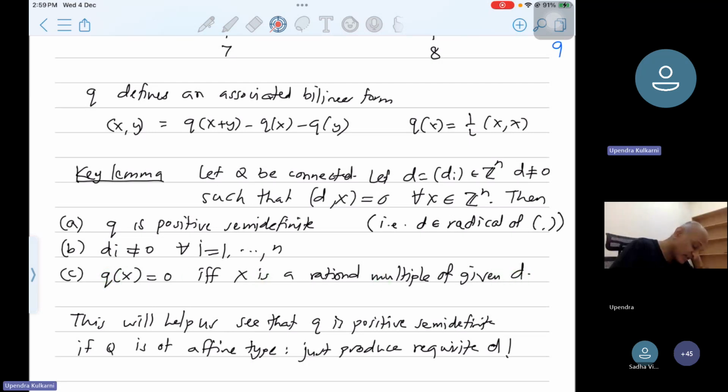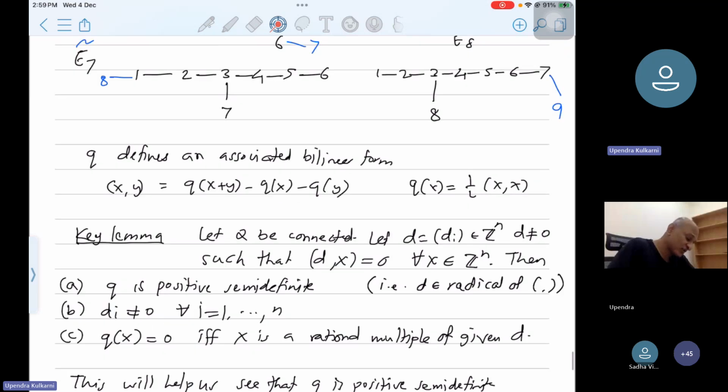And such a given d has to be non-zero in every slot. So I will try to locate a sub-diagram in which I get a positive vector, a vector in the radical, and then I will show that if I just put zeros everywhere else, it gives me a contradiction to the fact that everything has to be zero if I have such a vector.